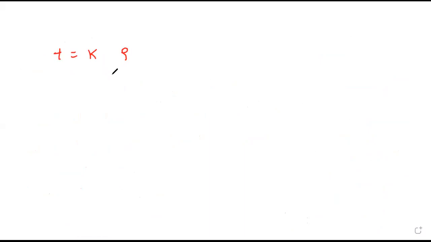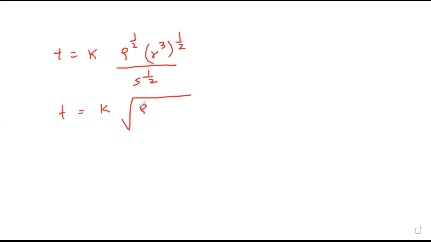So rho raised to half, r raised to 3 by 2, upon s with the negative power. So all this half can be written as root of rho r cube upon s. Clear? Yes. So the option will be A.